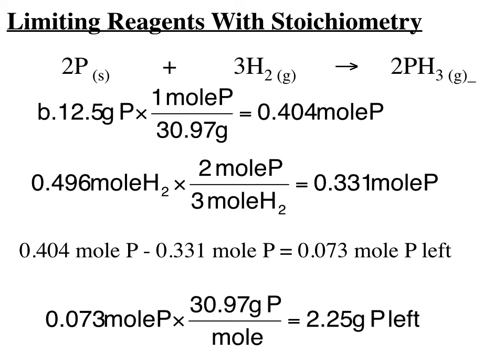According to the starting amount of H2, which was 0.496 moles, and the stoichiometry of 2 P's per every 3 H2s consumed, if I use all the limiting reagent, I will only use 0.331 mole of P. I had 0.404 mole of P, so if I subtract what the limiting reagent can use from the total amount of P I started with, I find an excess of 0.073 moles of P, and that this corresponds by multiplying by the molar mass to 2.25 grams of P that I wasted.